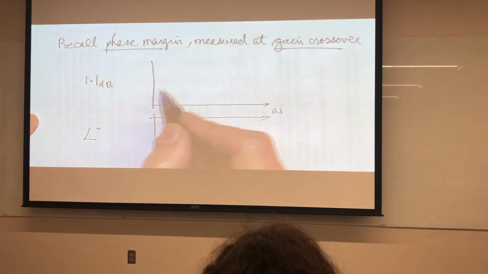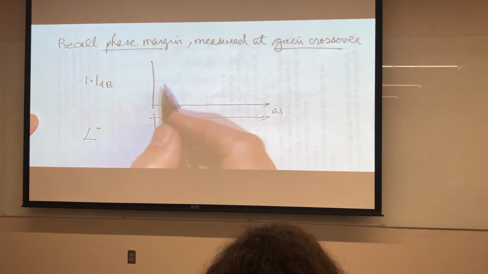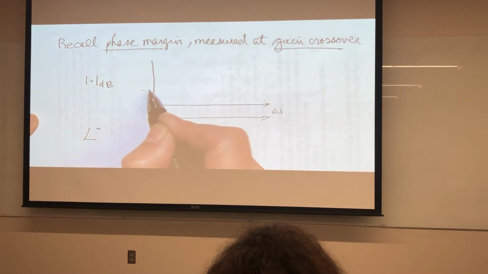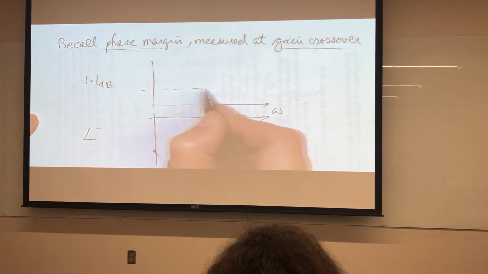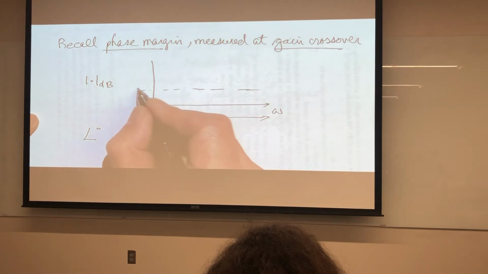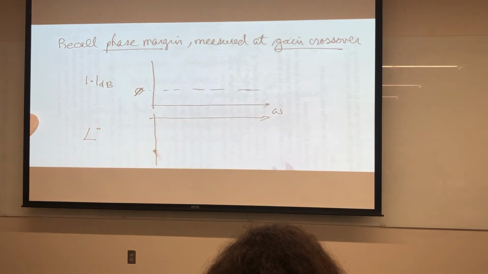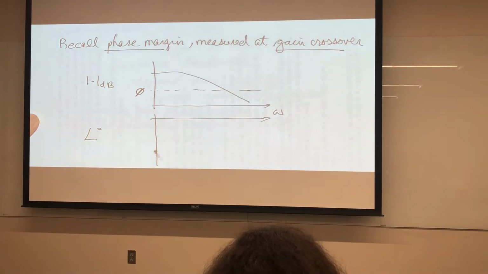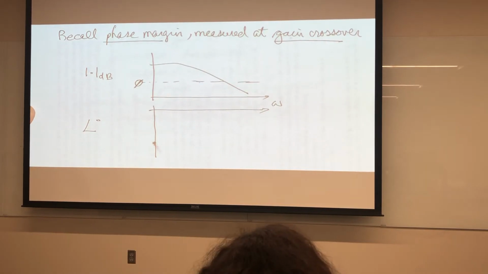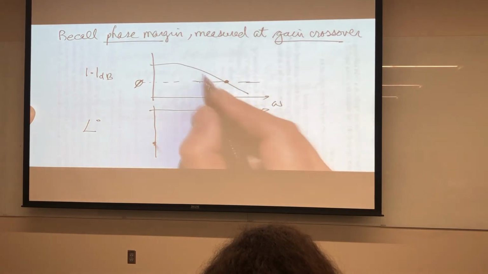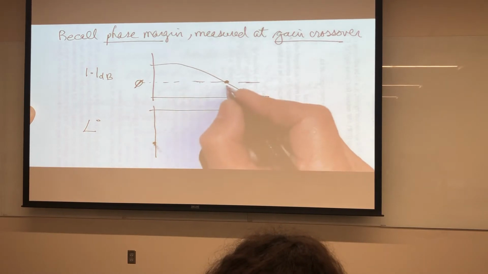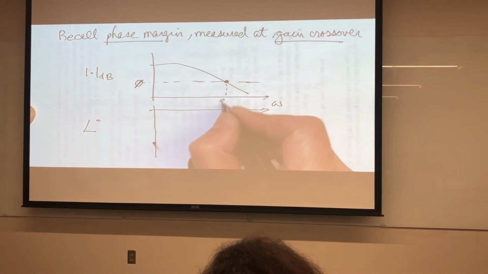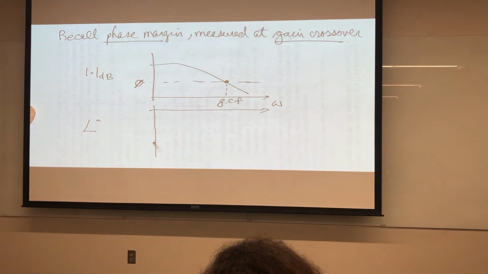Now, what's important is to figure out the gain crossover. So we look at the gain crossover, and that's where it crosses 0 dB. And so we have a picture of our frequency response. Maybe it looks something like this. Okay. And this is the gain crossover. It's where the gain crosses over 0 dB. And so there's a gain crossover frequency.